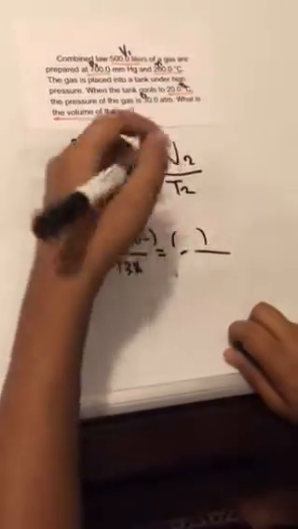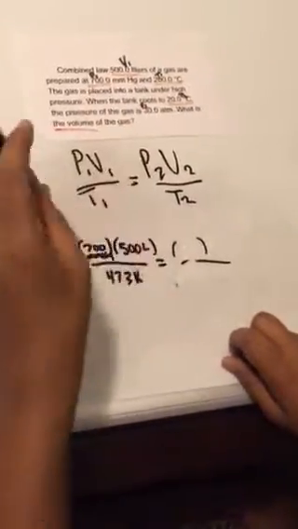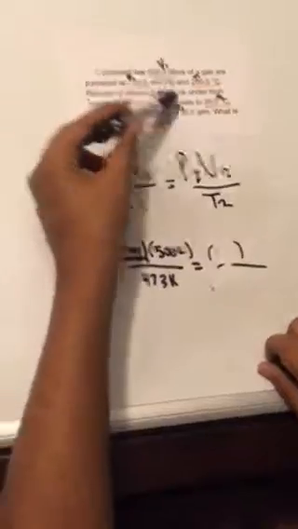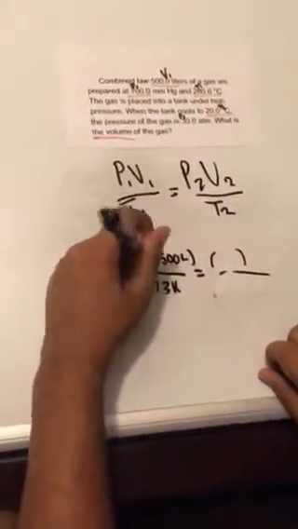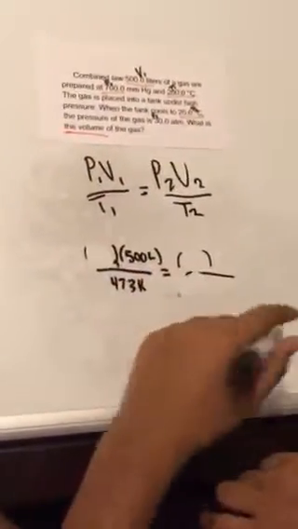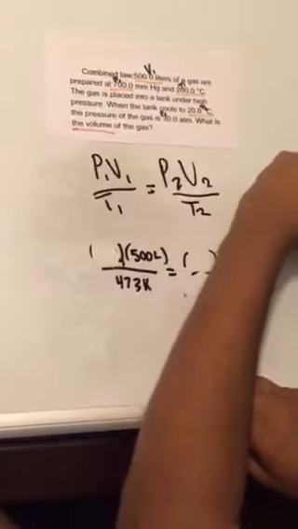For our pressure, our pressures in here are not the same. So what we could do is make the millimeters of mercury into ATM. It's a really easy process. You have to do your T-chart.